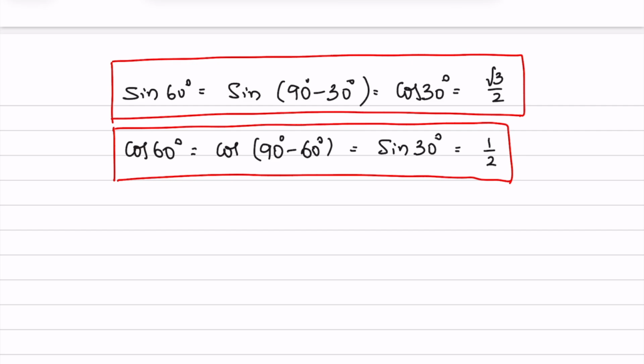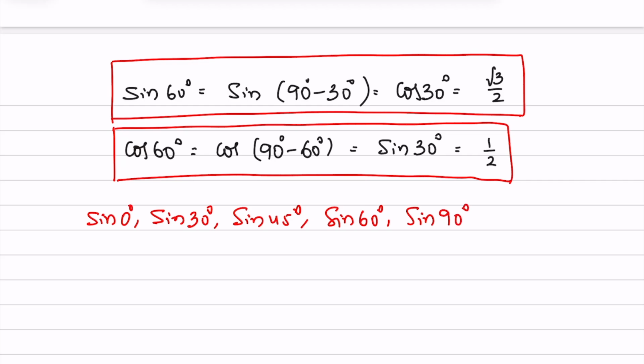Now, we got the value of sin 0, sin 30, sin 45, sin 60. That means sin 0 in the previous class, sin 30 in this class, sin 45 in this class, sin 60 in this class, and sin 90 in the previous class.